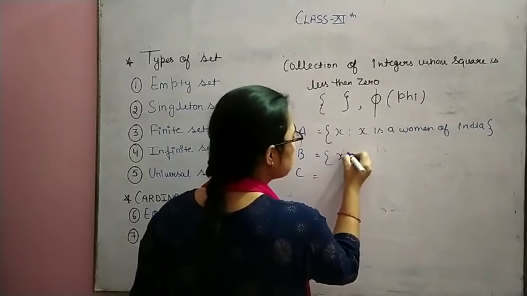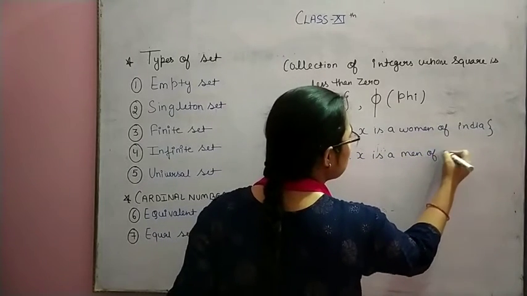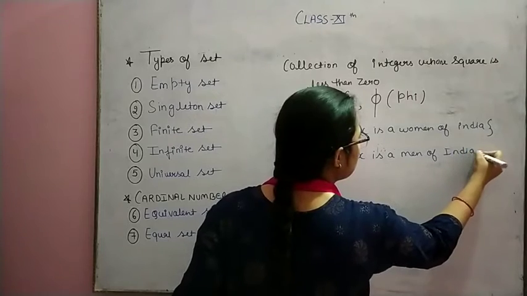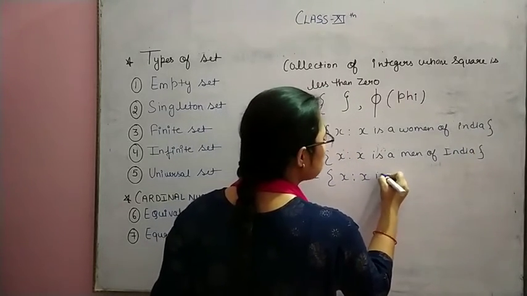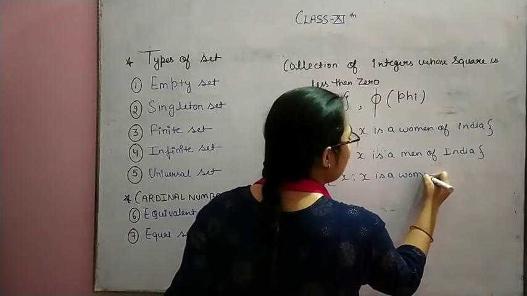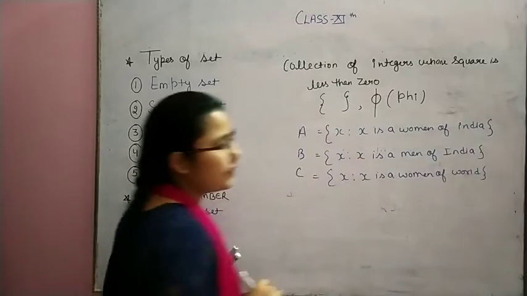B is the set of X such that X is a man of India. C is the set of X such that X is a woman of the world.